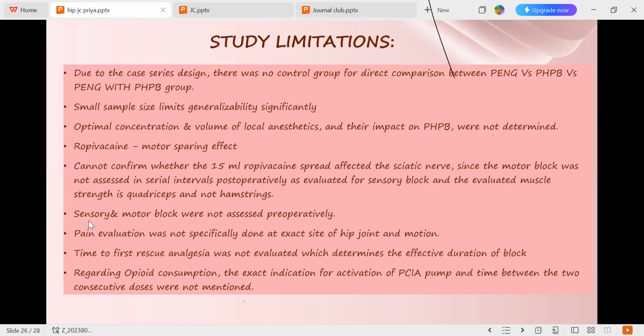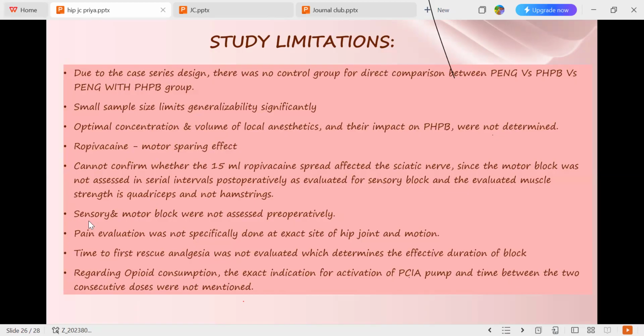But the motor blockade, all the hip motions, flexion, adduction, abduction, everything, was evaluated at 24 hours and 48 hours only. At that time the effect of the drug could have already gone, so they could have missed that the sciatic nerve may be involved. Since they did the assessment only at 24 hours, they are saying the sciatic nerve is not involved, but it might have been.